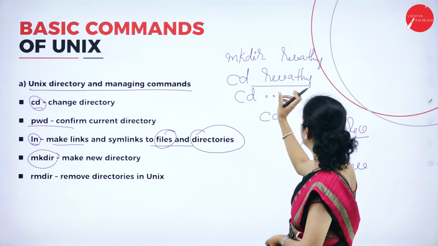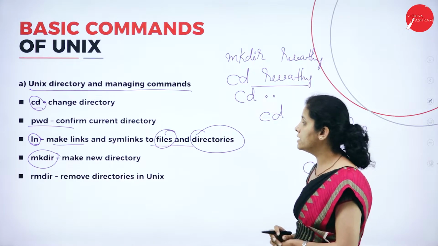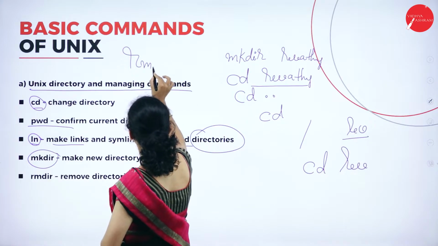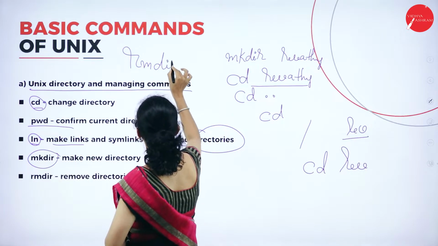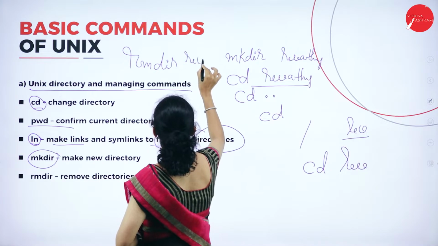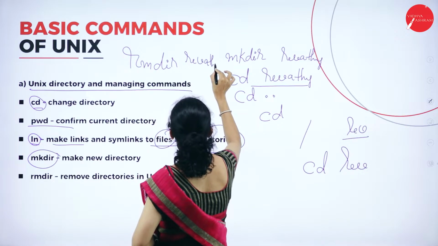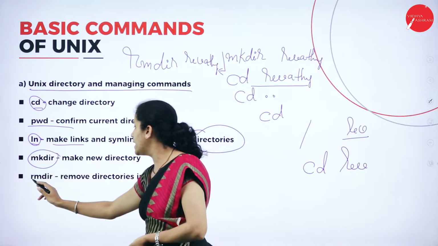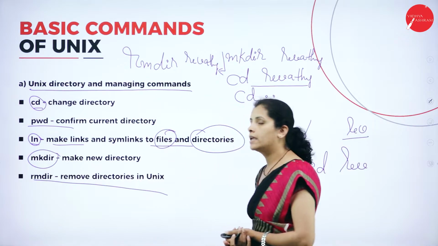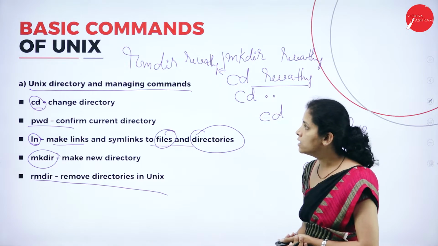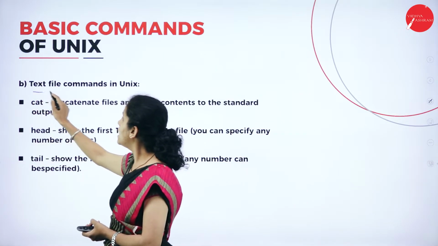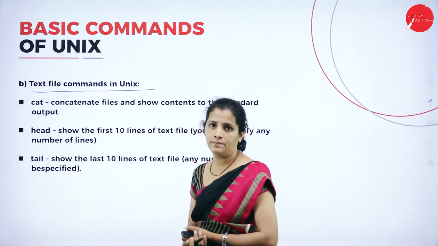Now, I want to remove the Revati directory. For that, I have the command rmdir, that is remove directory Revati, and press the enter key. So, to remove the directory, I use rmdir. Now, I am going to have my another command, that is the text command.